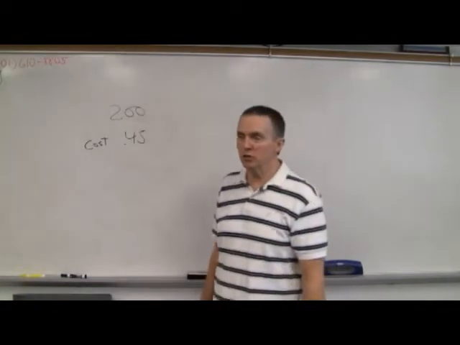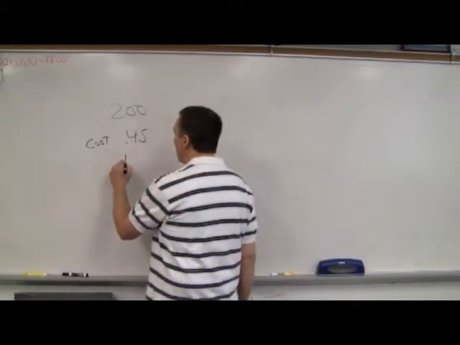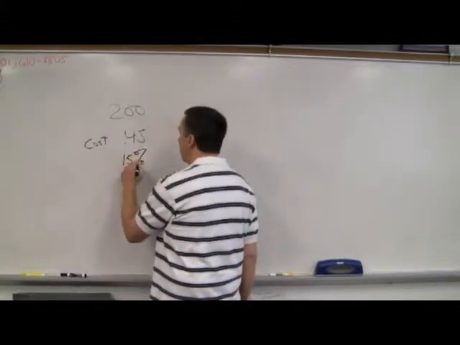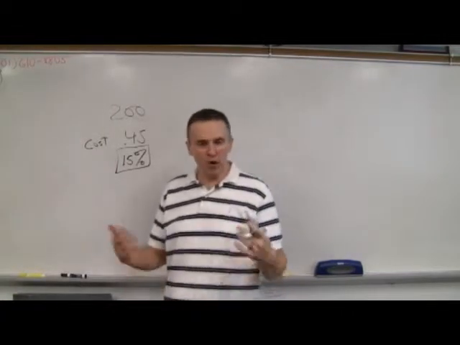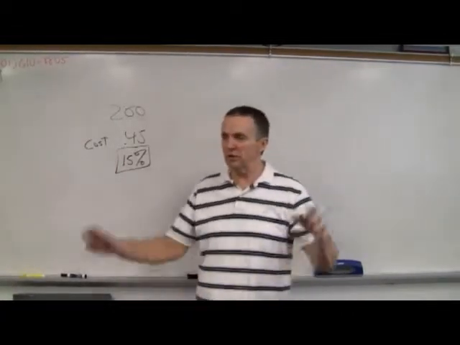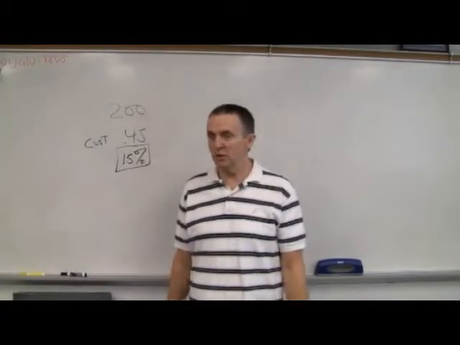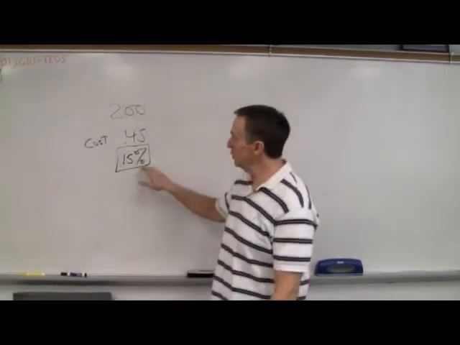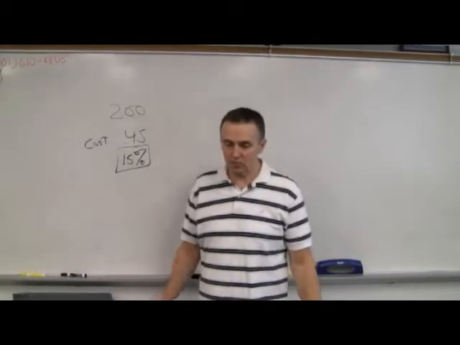Of these brownies, 15% of them will not be able to be sold. The edges will break off. You know this by experience. You know that some pieces will not be perfect, and you don't want to sell them. So we're going to lose 15% of the brownies to loss. Okay?